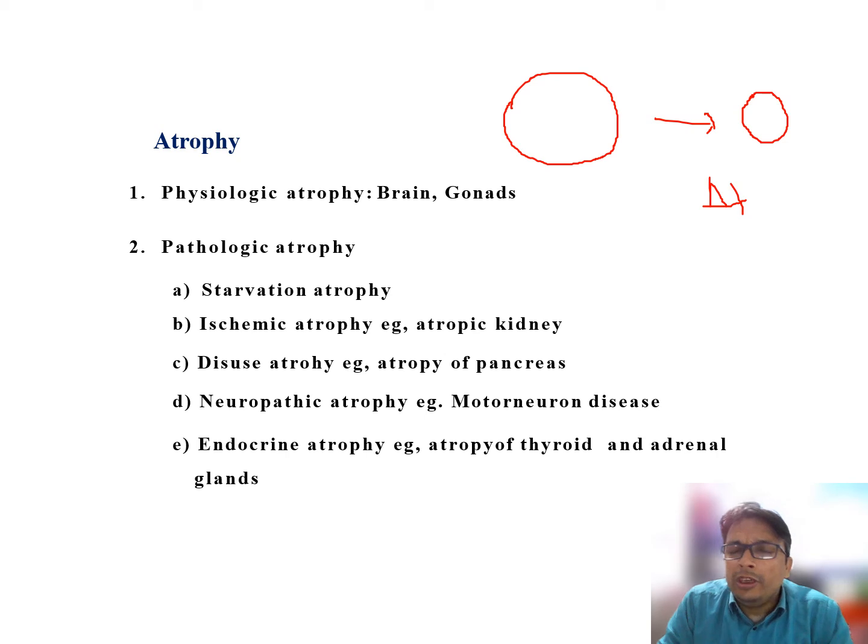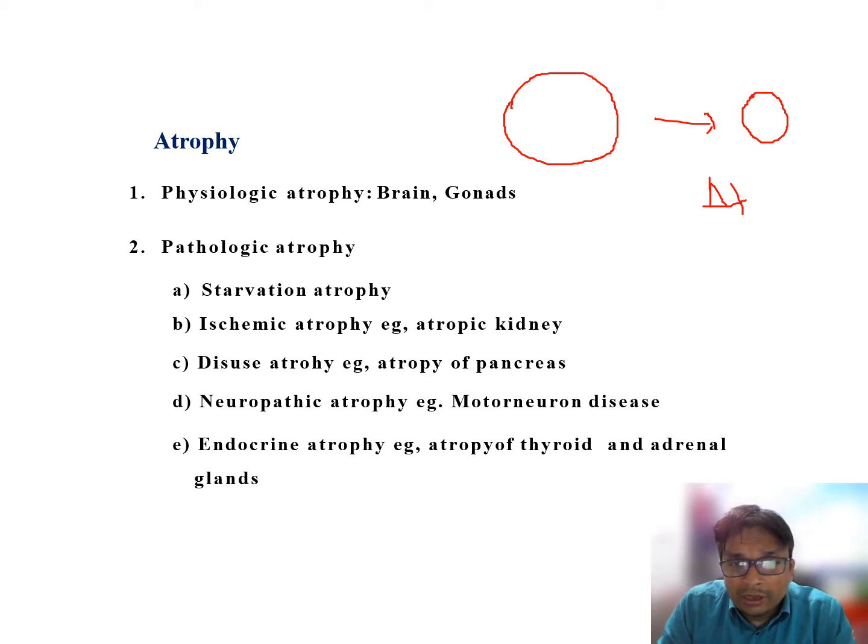It is very commonly observed in muscles. When muscles are not functioning properly, there are chances that atrophy may occur. The same thing occurs with the pancreas too.